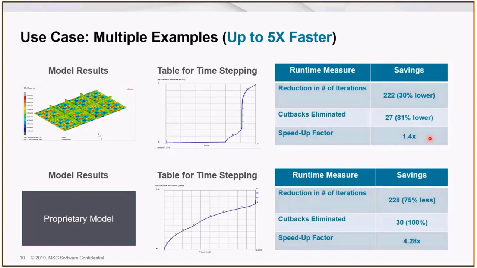The only thing I'll note here is we did not completely eliminate the cutbacks, and we would potentially have gotten more speed up if we had done it. What we didn't do is eliminate the cutback increments. We kept the standard increments that were used for load cases before and after the load case that we described with the table.